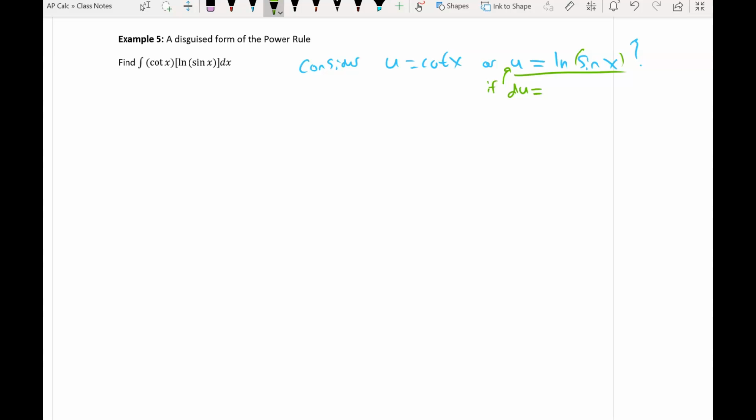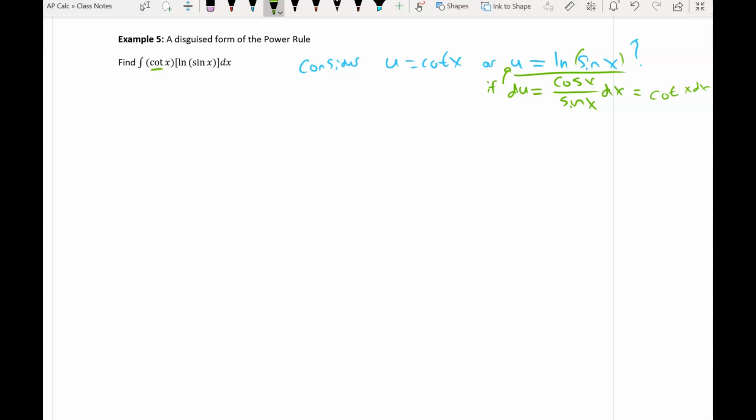The derivative of sine is cosine of x, over that thing, which is just sine of x. And what does that look like? Cosine of x over sine of x is cotangent of x dx, which is exactly what we have here.